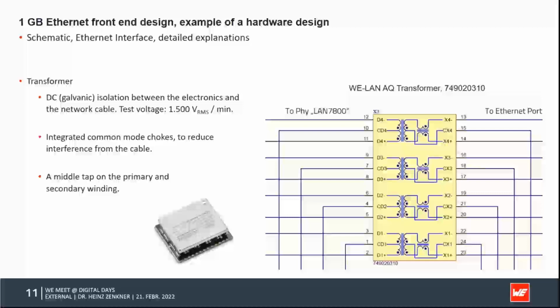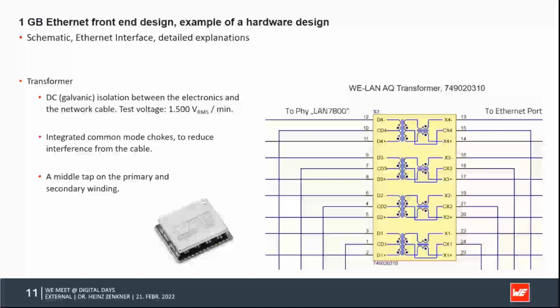It has, like mentioned, the integrated common mode chokes, which need a high symmetry to reduce the emission and strengthen the immunity. And it has, on the primary and secondary side, the middle tap, which needs to be connected for the symmetric impedance matching.